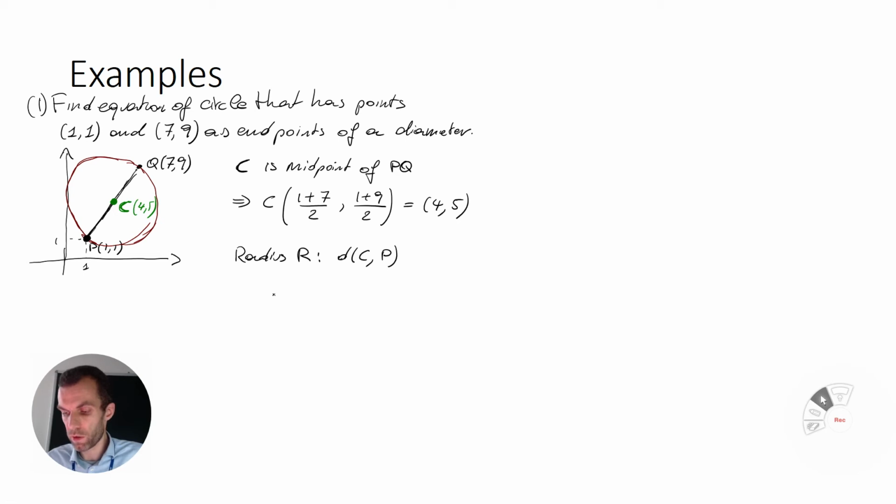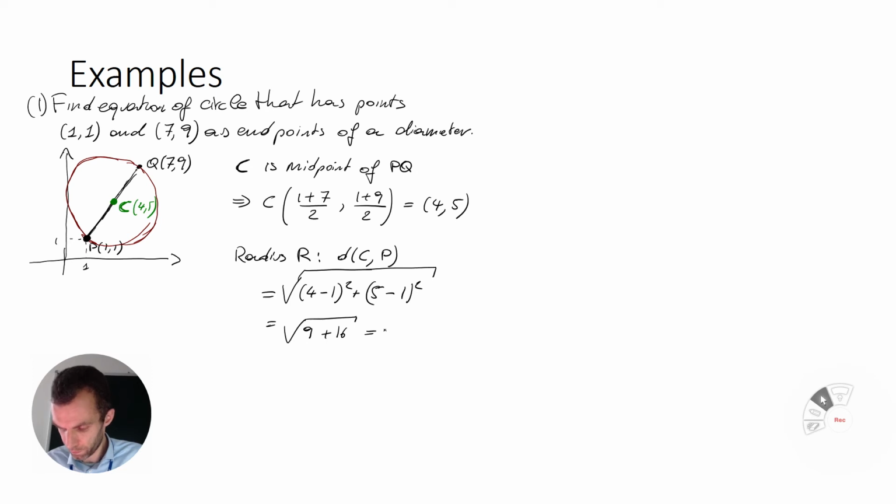So it's the distance from C to P, and we know this is equal to the square root of 4 minus 1 squared plus 5 minus 1 squared, square root of 9 plus 16, and that then becomes equal to square root of 25. I know you can simplify that to 5, but I will need the radius squared.